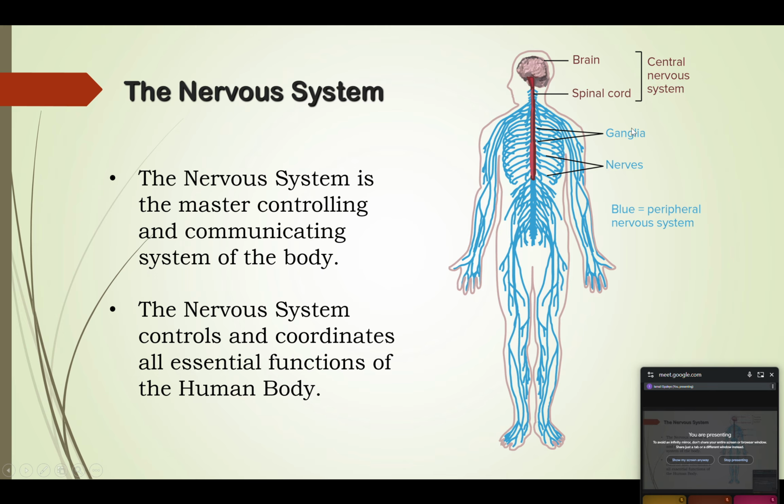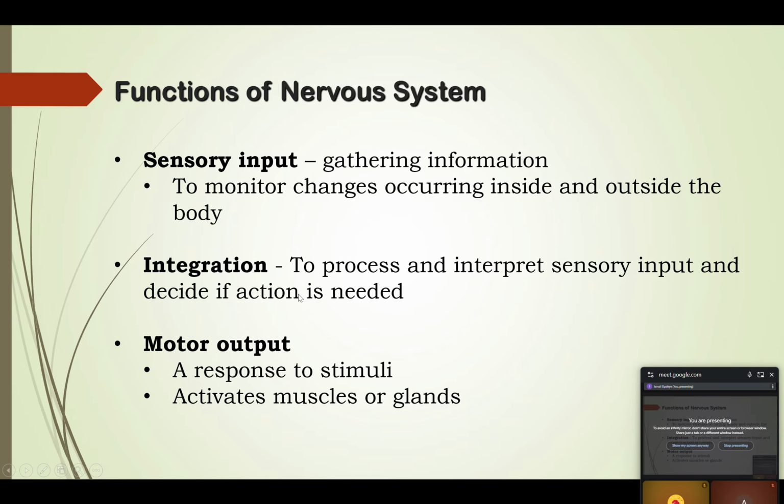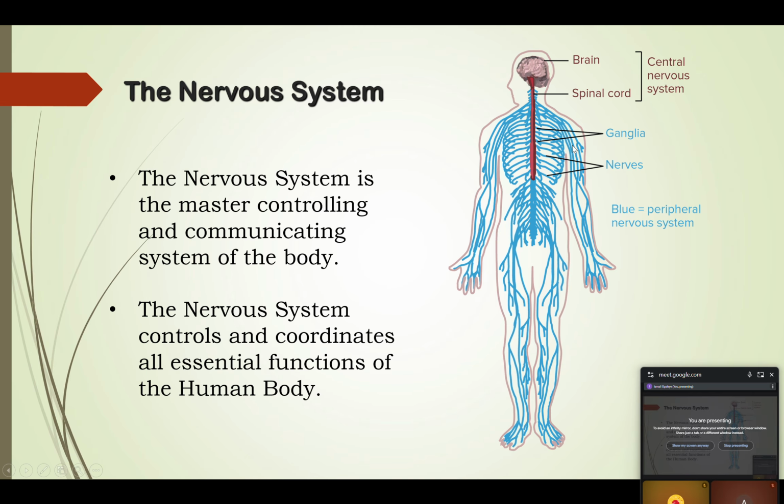You have the ganglia here, which is the region of the cell body of a sensory neuron fiber, and then you have the nerves. All those blue areas there are the peripheral nervous system. We'll get to understand the picture more as we progress in the lecture.